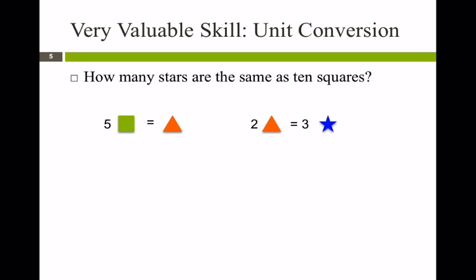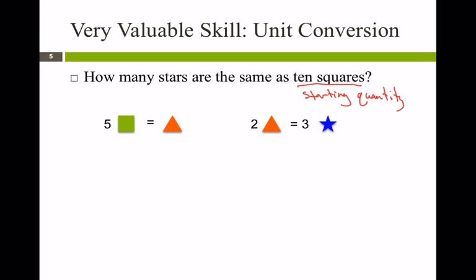What we see if we try to go through this in a very logical manner is we have to identify from the question what our starting quantity is, and what we're trying to find out.